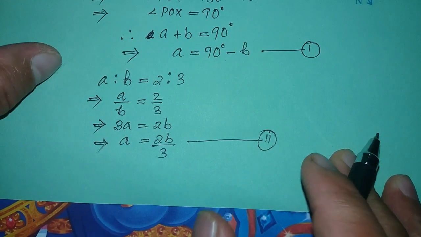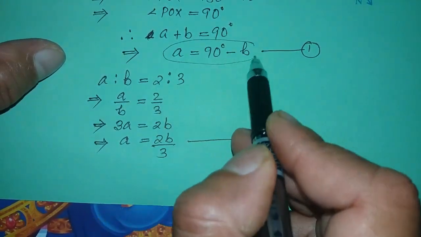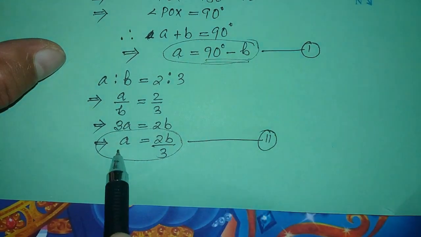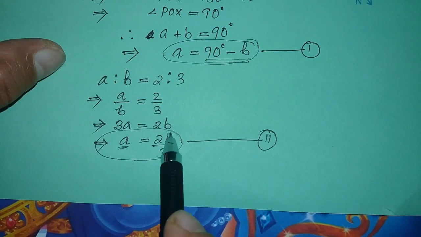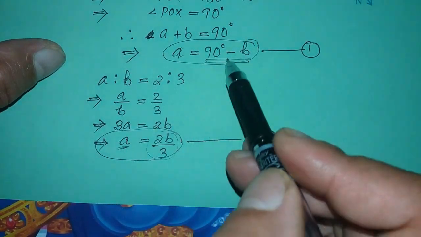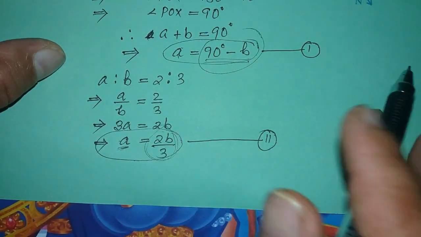Now if we compare these two equations, this one and this one, here A is equal to this one, and here in the second equation A is equal to this one. So since both these are A, these two right hand sides must be equal.